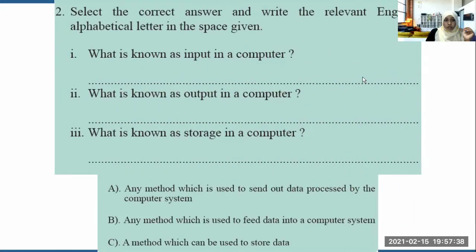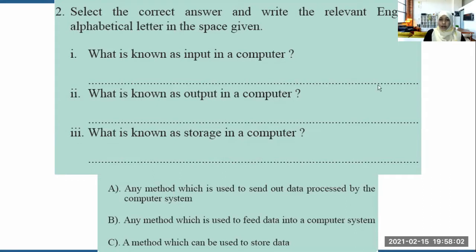The first one: what is known as input in a computer? Here, any method which is used to send out data processed by the computer system, any method which is used to feed data into a computer system, or a method which can be used to store data.